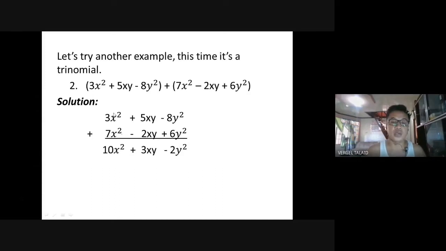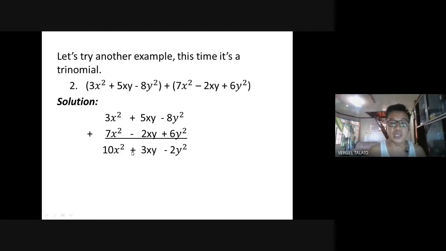Since they are already collected, we are going to add now. Add the numerical coefficients if they have the same sign. So 3 and 7 are like signs, so that is 10. Copy the common literal coefficient x squared. 5 and negative 2 are unlike signs, so we are going to subtract. That is 3.